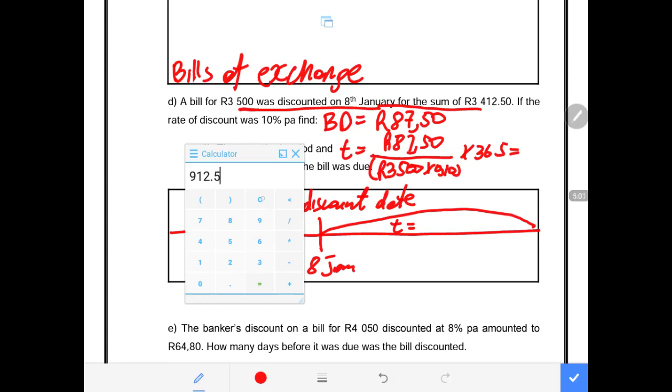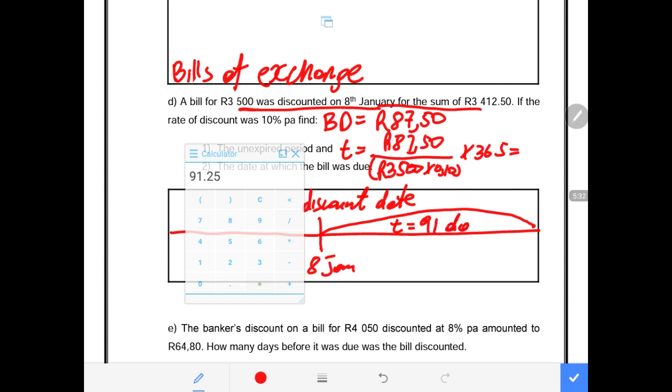We have 87.50 divided by open brackets 3,500 times 0.10 close brackets, equals, times 365 days in a year. Then we get 91.25. Now that means we have 91 days.